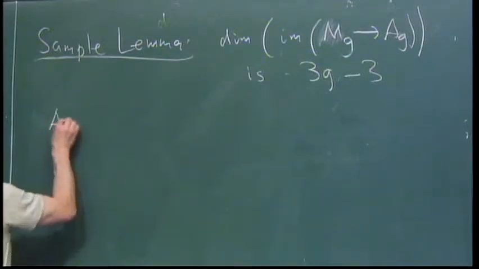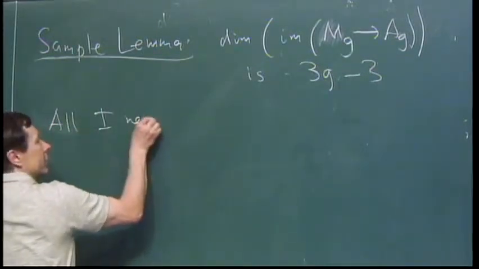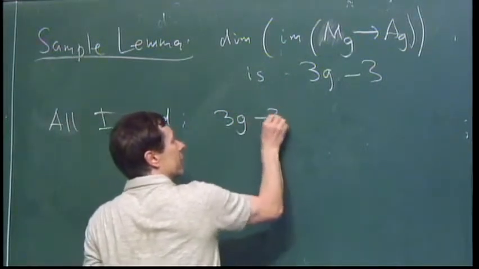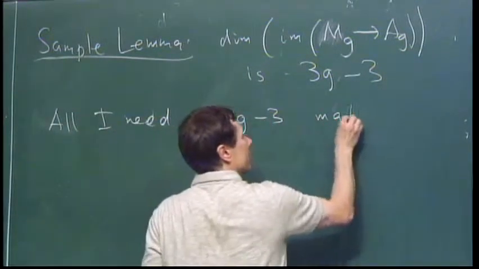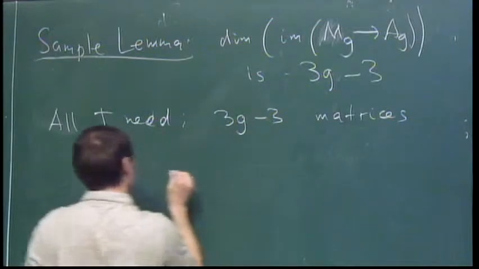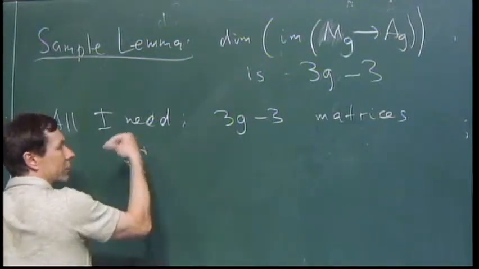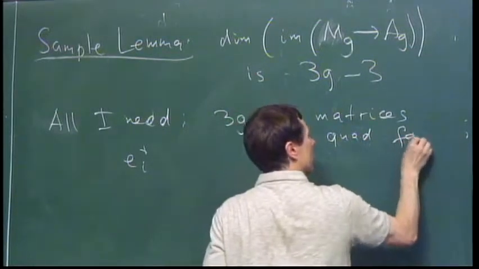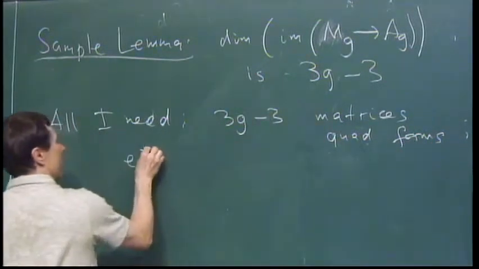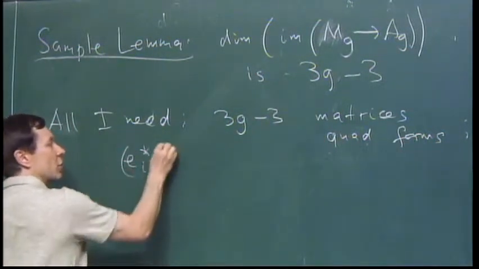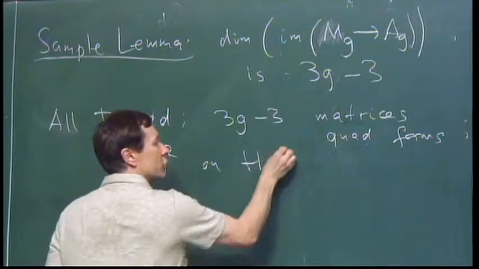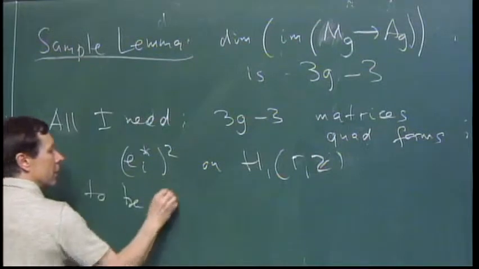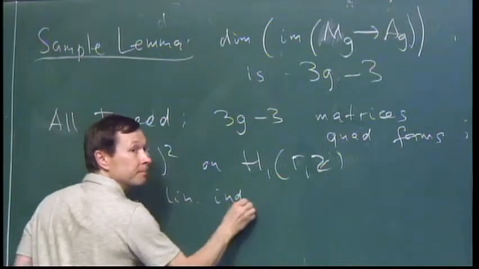So all I need is these 3g minus 3 matrices, E_i, or quadratic forms, E_i star squared on H1 of gamma, Z, to be linearly independent.